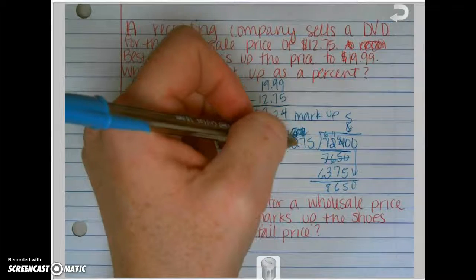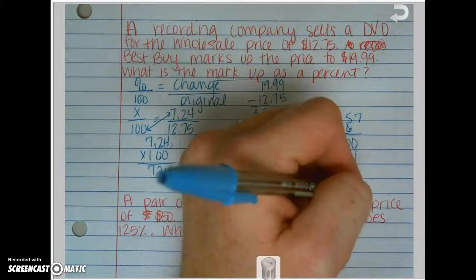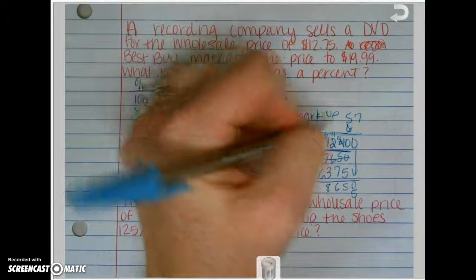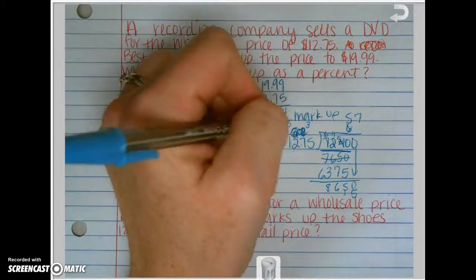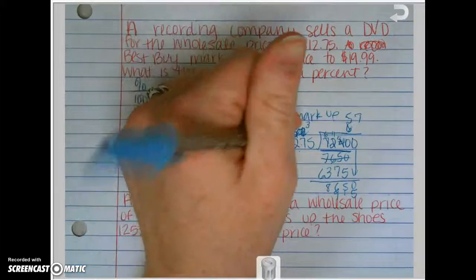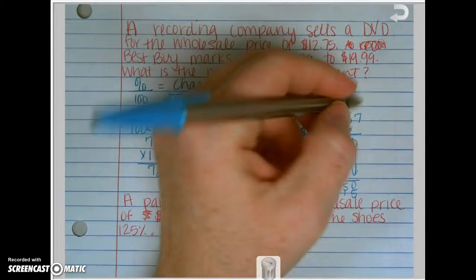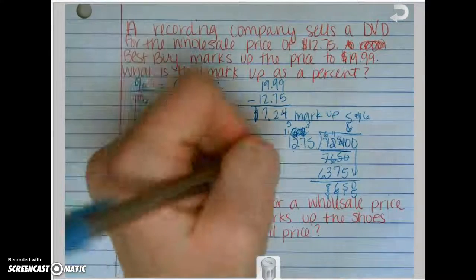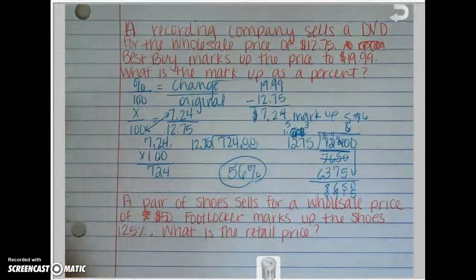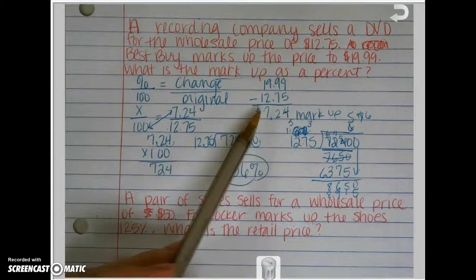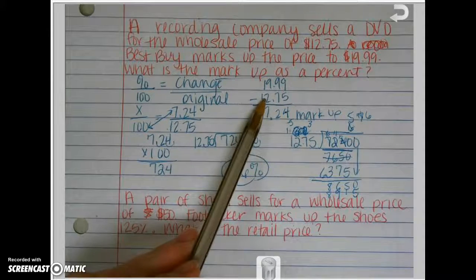Let's try 7. 7 times 5, 35, 49, 50, 51. 7 times 2 is 14 plus 5 is 19. 7, 8. So that's a little big, so it's going to be 56%. So it'd be a 56% markup, which makes sense because $7.24 is a little bit more than half of $12.75.